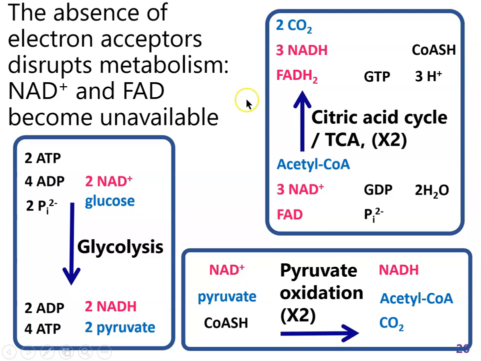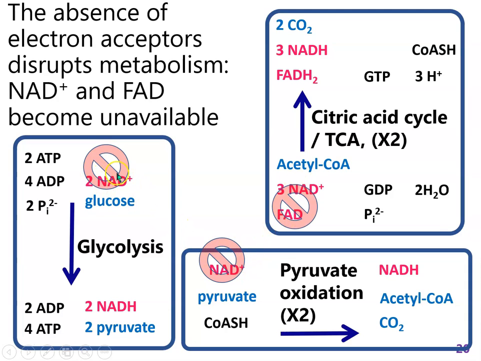Okay, fine. But if there's no electron acceptor, we run out of the oxidized forms of these electron carriers, the forms that are not carrying the electrons, because the reduced forms start to accumulate and they can't cycle back to the oxidized forms.